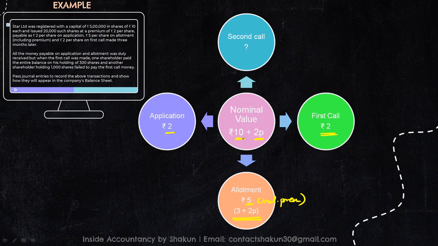How can we calculate it? Now see, it's very important. If you're taking 12 as the base, then you subtract all these amounts from 12. For example, 12 minus 2 minus allotment full 5 minus 2, which gives you 5, 6, 7, 8, 9. So 3 rupees is the amount of the second call. Or if you're taking 10, the nominal face value, then the premium should not be included. In this case, we had included premium in the 12, so in allotment also we had taken the included amount.